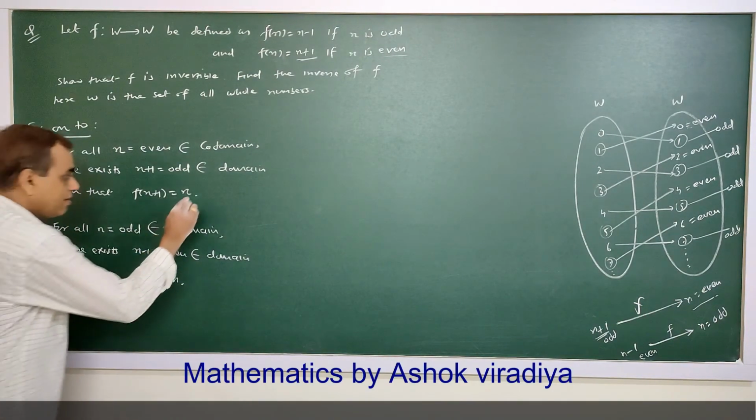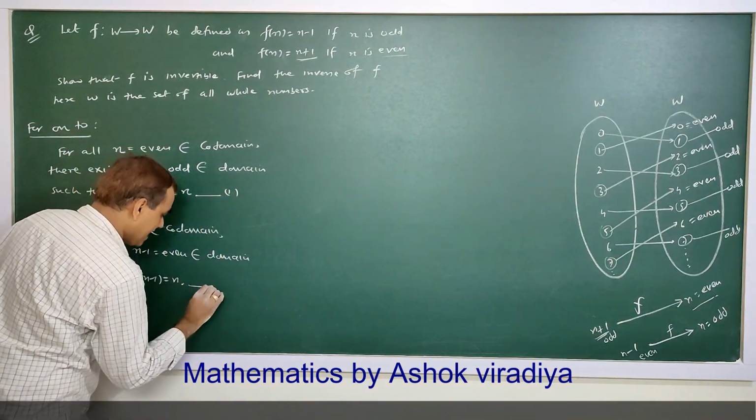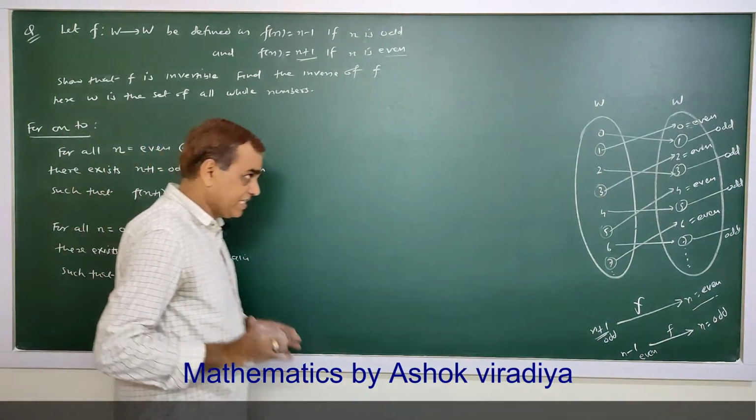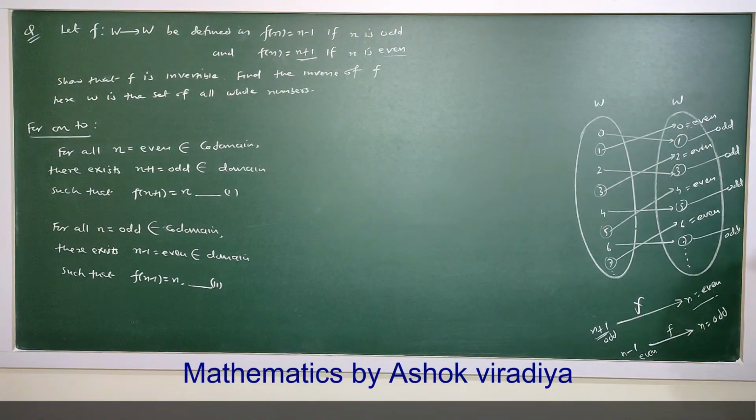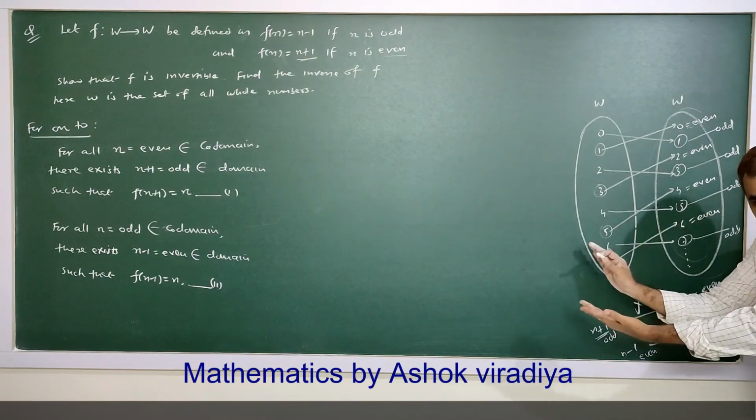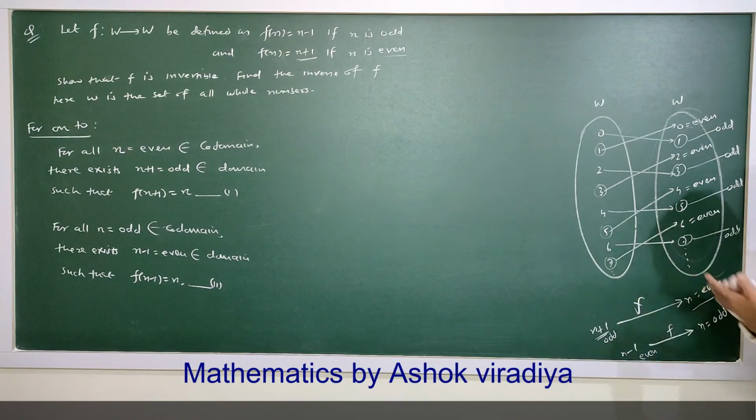So from statement 1 and statement 2, combining these statements, for every integer, whether it is even or odd, belonging to the codomain, there exists a pre-image in the domain.